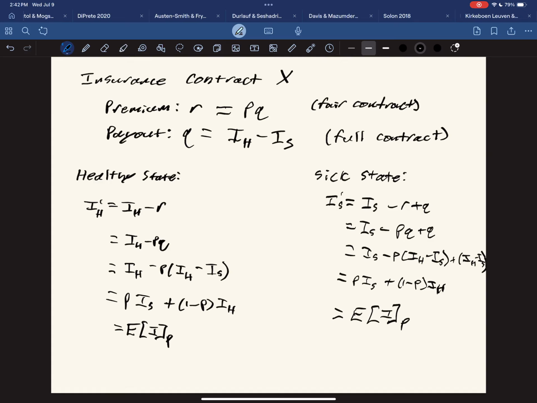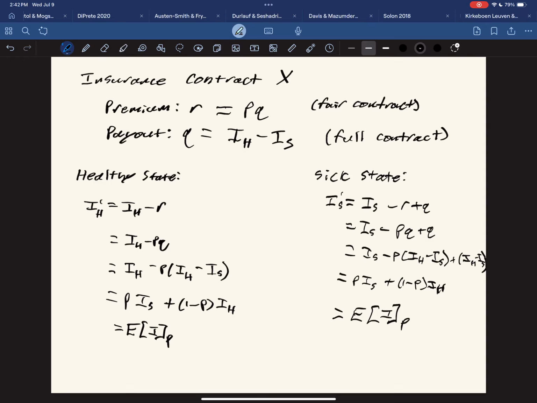So this is a contract where I set my premium to be fair, so nobody makes any money on average, and my payout is full, so I earn the same amount of money whether I am sick or healthy. I set the payout to be equal to the difference in the sick and healthy states.